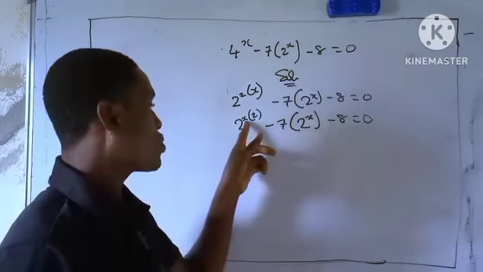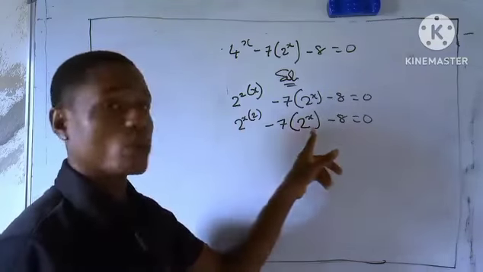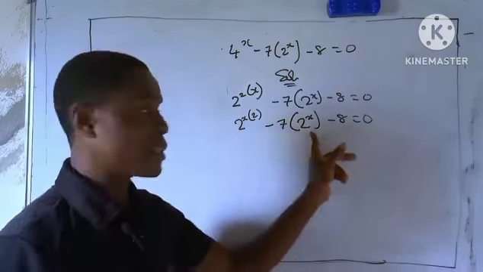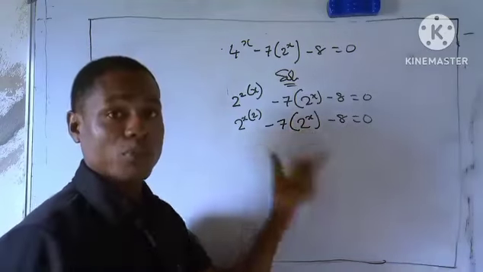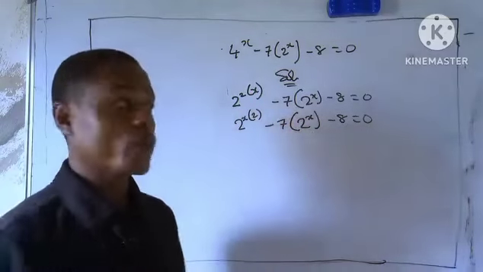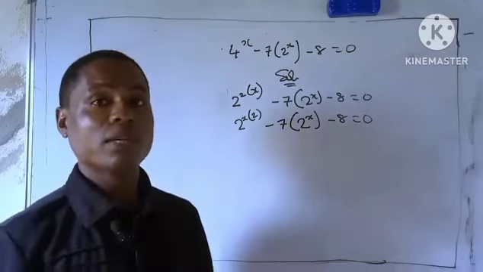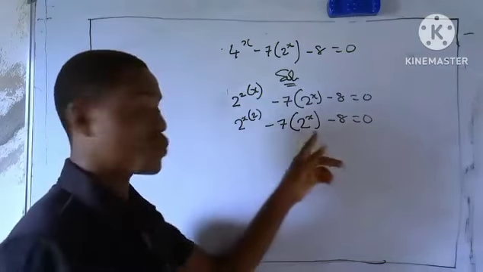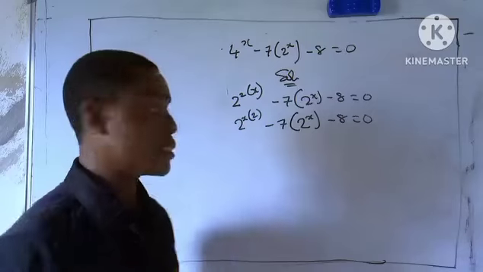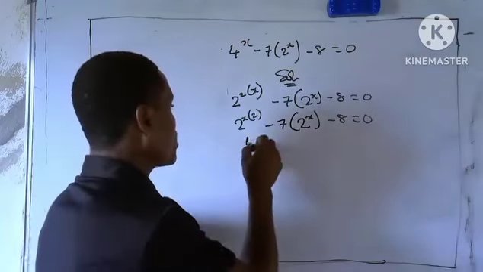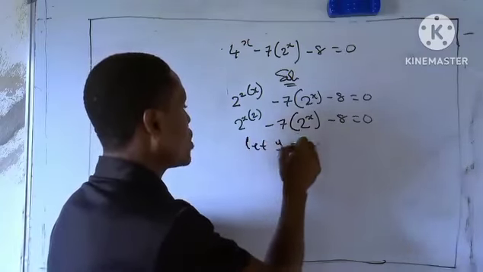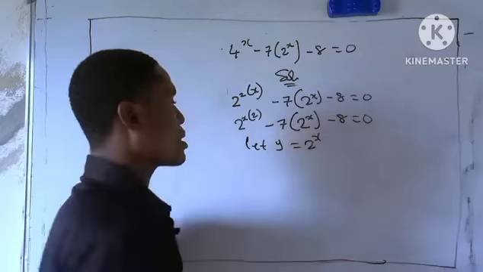So you can see that we have 2 raised to power x here. Also, we have 2 raised to power x here, right? If you solve to this point, this is what you do. You use a particular alphabet to represent 2 raised to power x. So let's say let y be equal to 2 raised to power x.